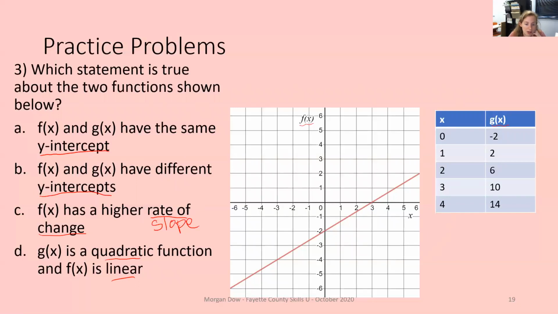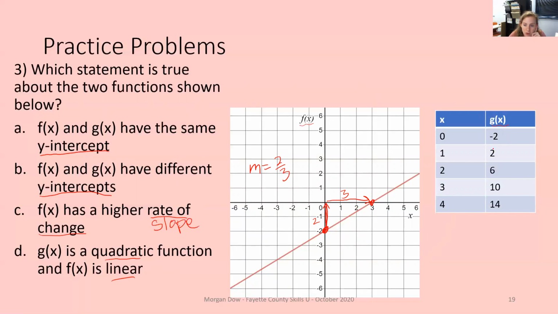So I'm going to figure out the rate of change for each of these functions. I'm going to do that with my graph, a point here and a point here. I'm going up 2, and I'm going over 3. So up 2 over 3, I have a rate of change or slope of 2 over 3.